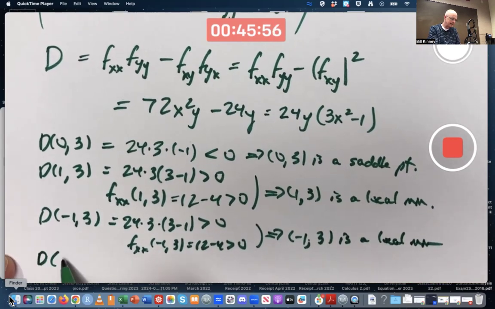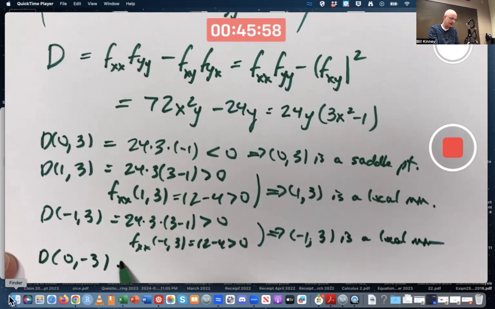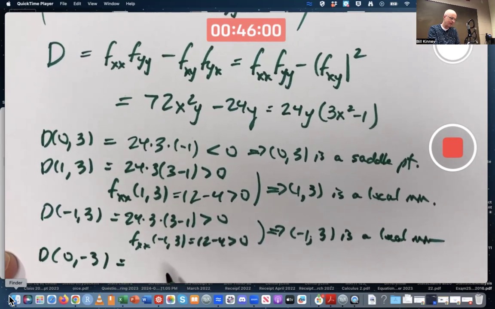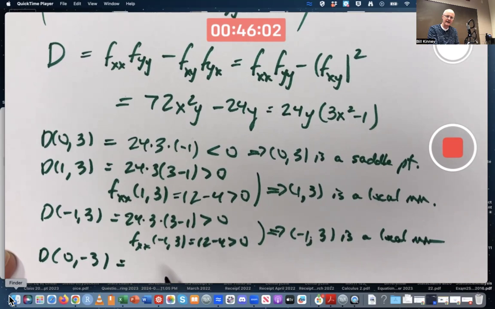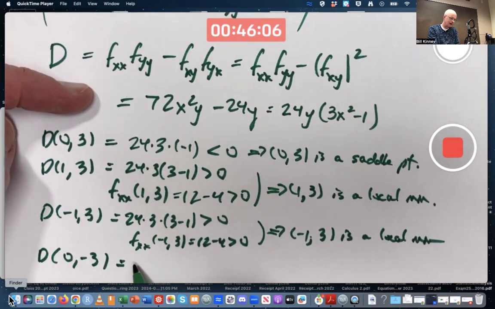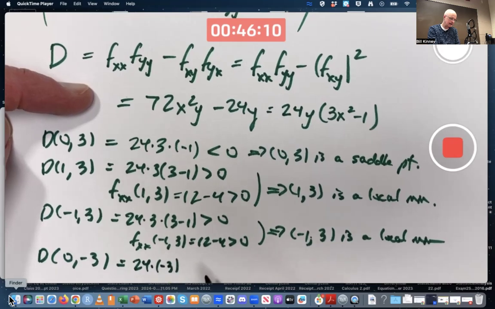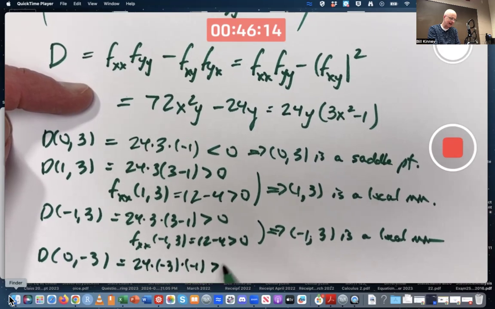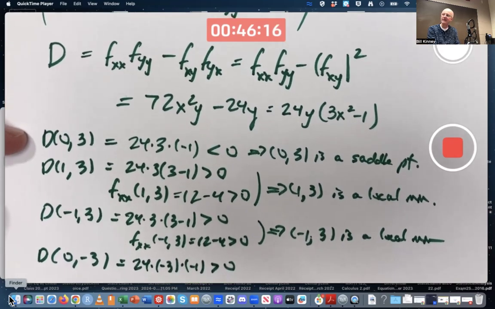It's got three more points. It's D of (0, -3). Plugging into D here: 24 times -3 times -1 is positive. That's something different than happened with (0, 3).